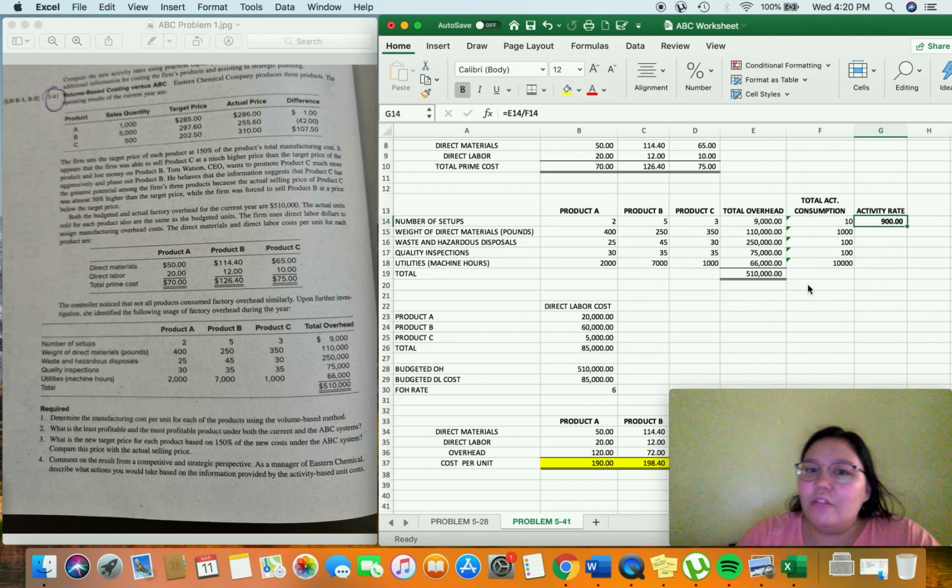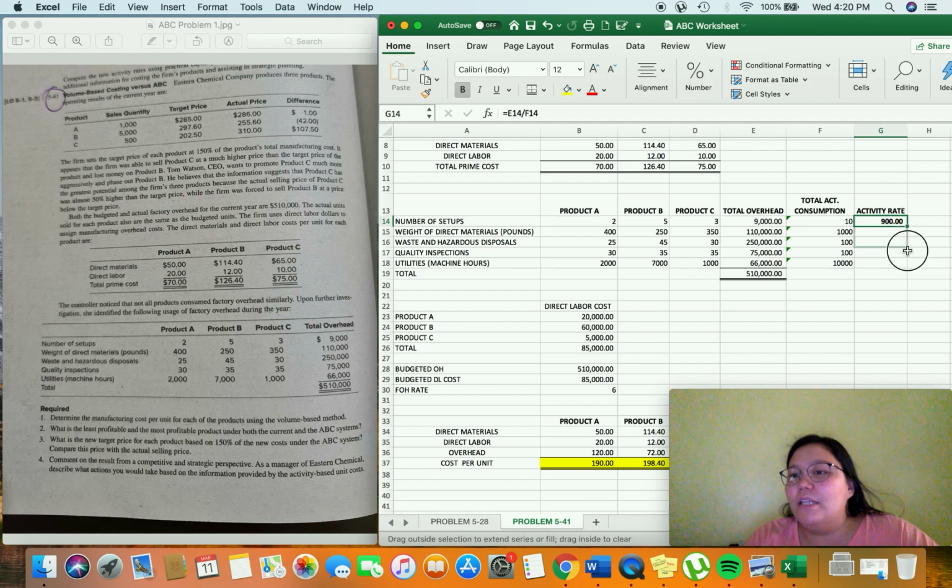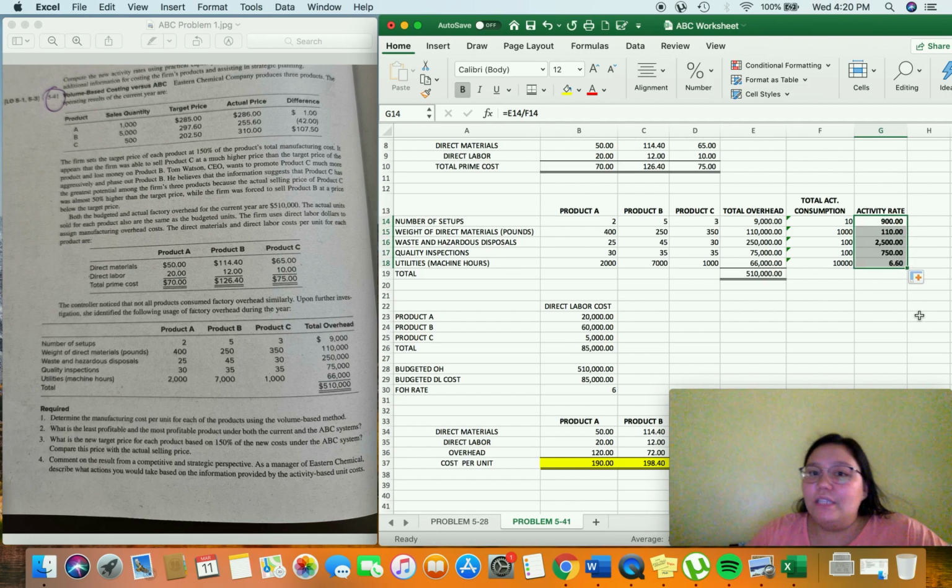So the activity rate for the setup is 900, 110 for the weight of direct materials, 2,500 for waste and hazardous disposals, 750 per quality inspection, and 6.6 per machine hour for utilities. We will use this activity rate in assigning overhead to products.